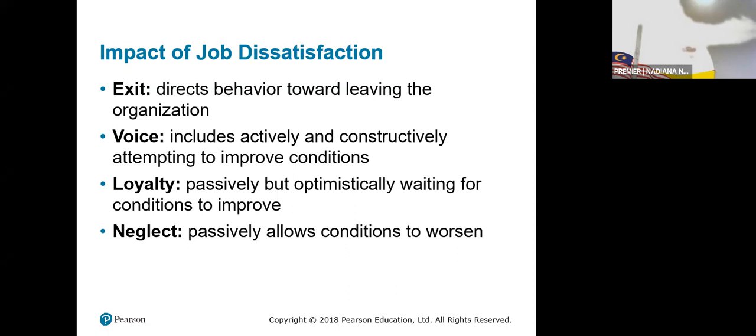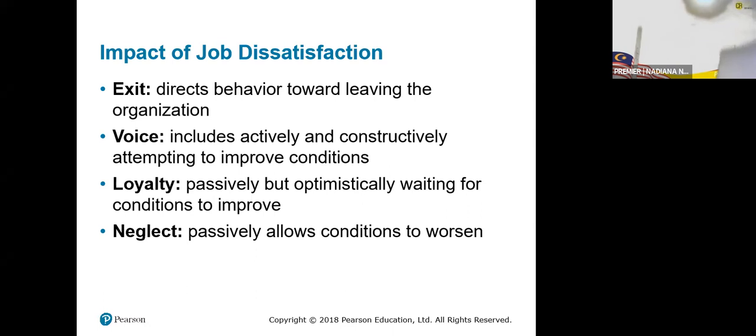But for those who are loyal but still not satisfied with the job, they still stay in the organization until they have a chance to go to another organization. They keep silent. So many people are like this now in organizations.